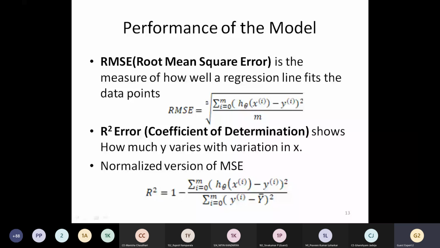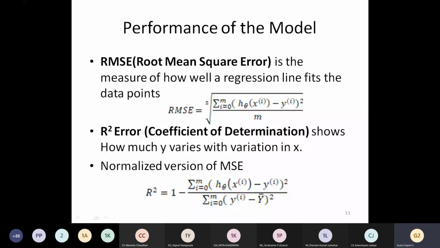So how can we calculate root mean square error? For finding the mean square error, the square error is the sum of the square of the difference between the predicted and the real value, and we have to do the summation of this for each data point. So that is the square error. Mean square error means if we divide that square error by the total number of data points, that is m.